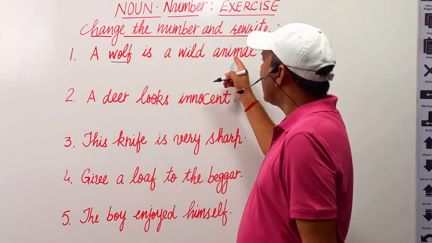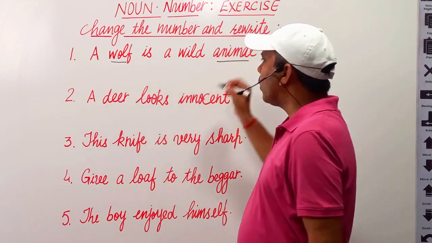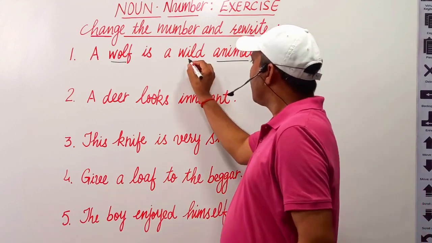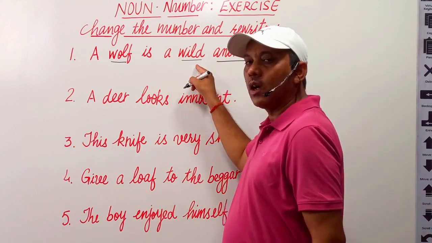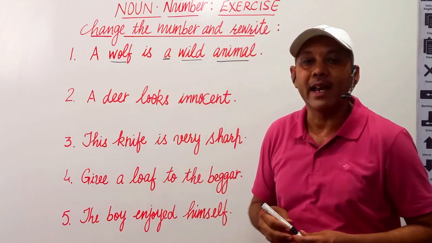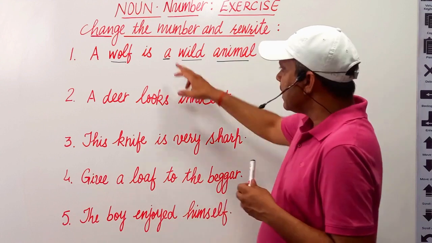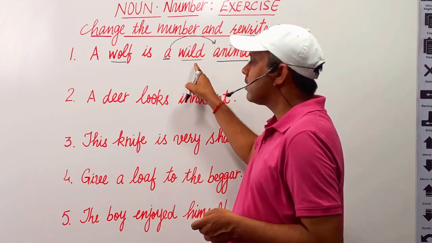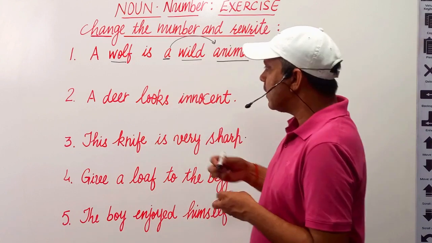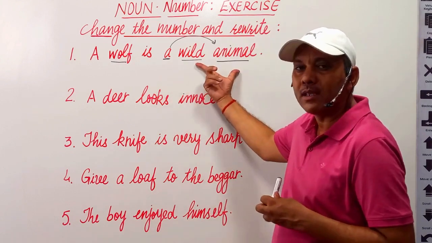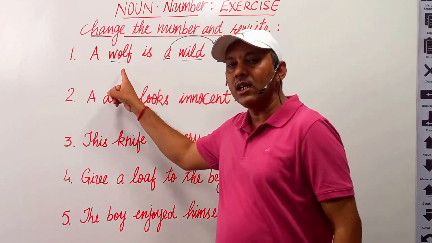Animal is also a common noun. It is preceded by an adjective wild and then an article a. This a is used for animal, not for wild, because it determines the number of animals. This is a singular number.